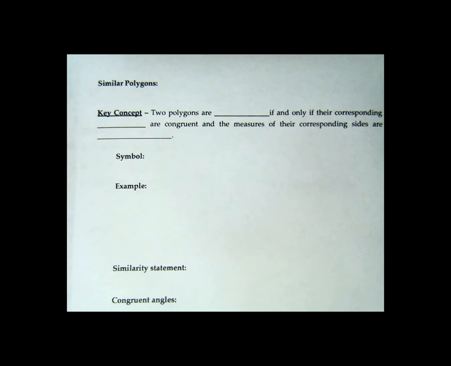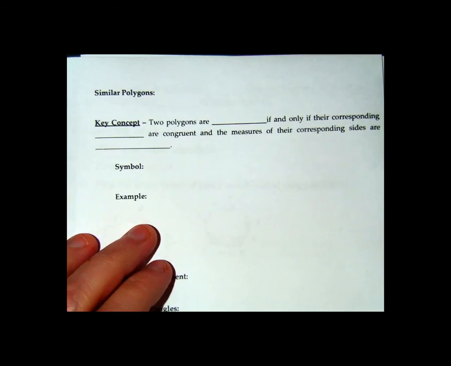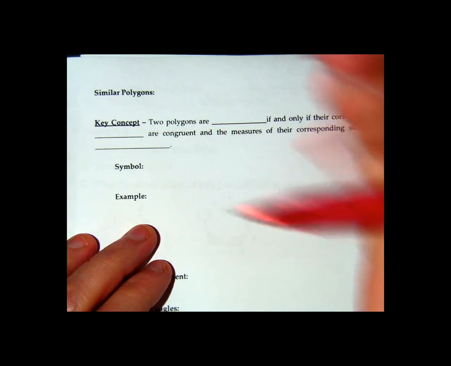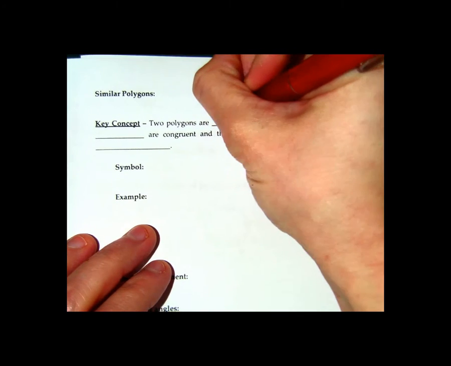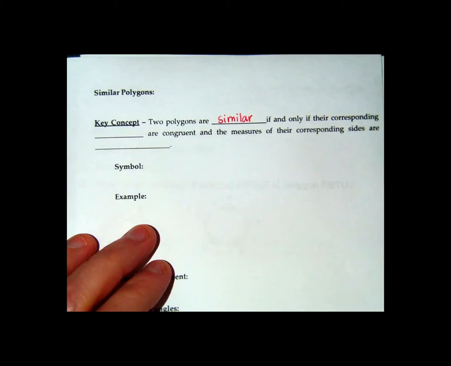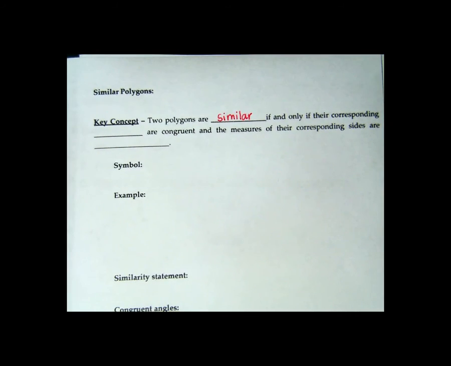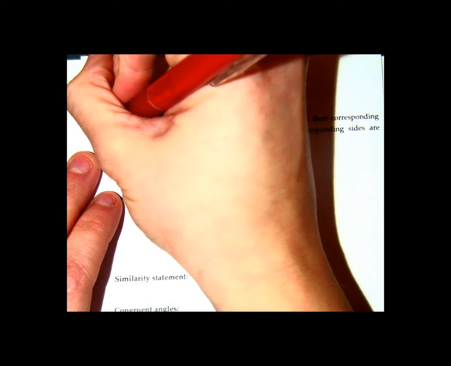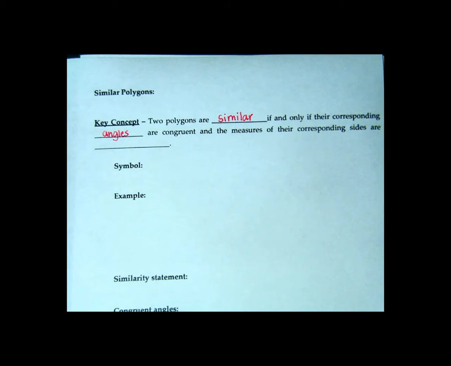Alright, today we're going to talk about similar polygons and their corresponding figures, sides, angles, this kind of thing. So first of all, the key concept: two polygons are similar, since we're talking about similarity, if and only if their corresponding angles are congruent and the measures of their corresponding sides are proportional.